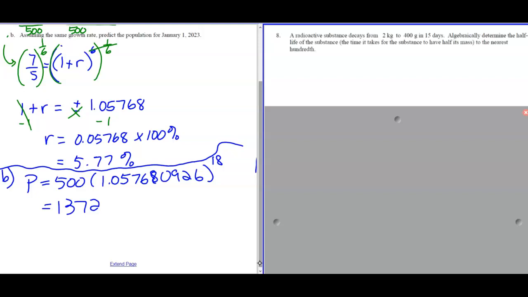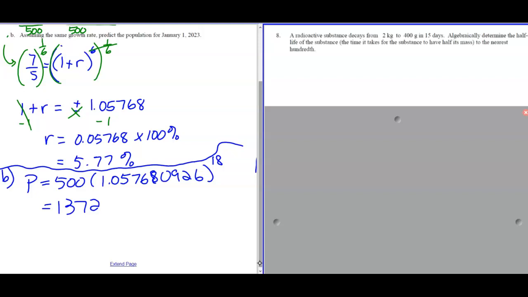Okay, so another type of question is when you're trying to calculate what the half-life is, or doubling time is, if it's not given to you. So it says a radioactive substance decays from 2 kilograms to 400 grams in 15 days. First of all, notice they're not in the same unit, so you need to keep those in the same unit.